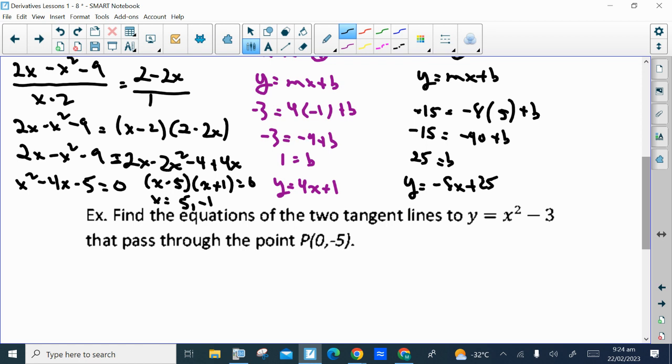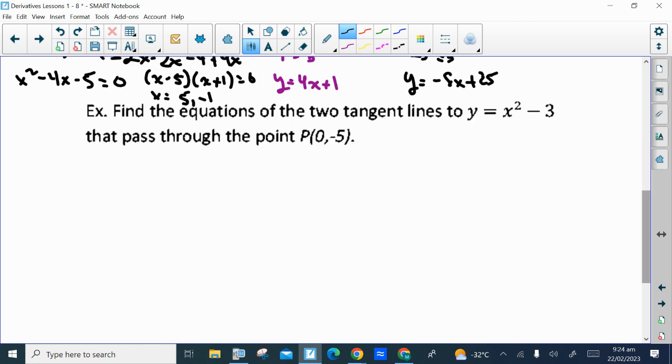It's done exactly the same. We're not given our point of tangency, so it would be the same. Okay, exactly the same method.